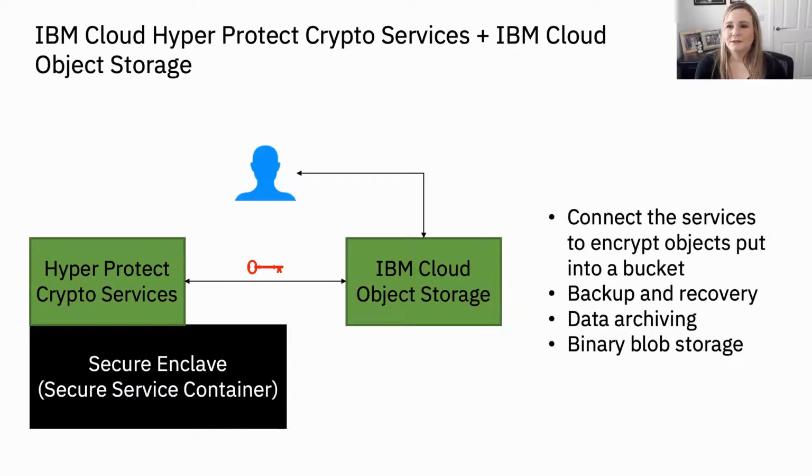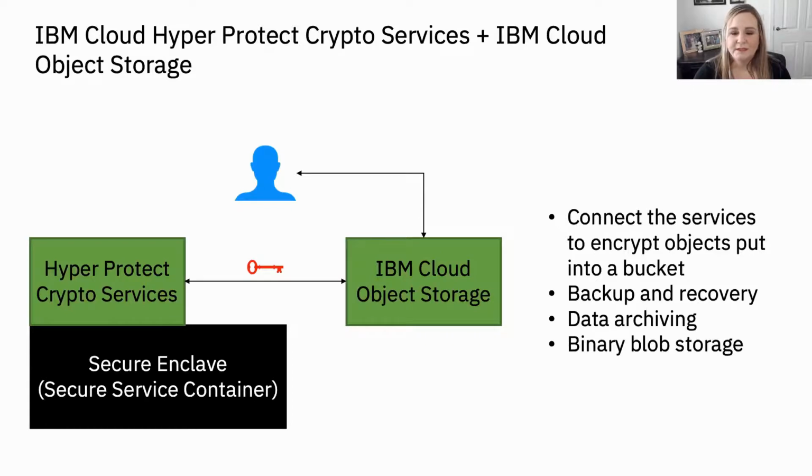All right. A lot of people have been using the HyperProtect crypto services with the cloud object storage. So basically, this is just general object storage. So you could use that cloud object storage for like a binary blob or maybe backup and recovery of your applications or data archiving.